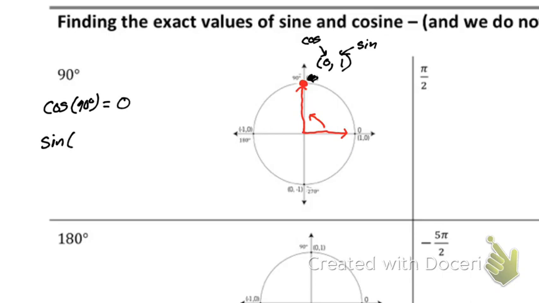If you plug in sine of 90 in your calculator, you're going to come up with 1. So those points in the circle are your cosine and sine values.